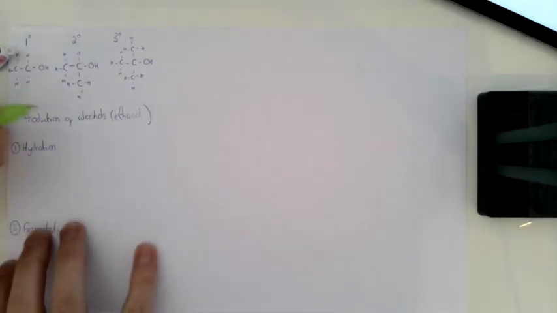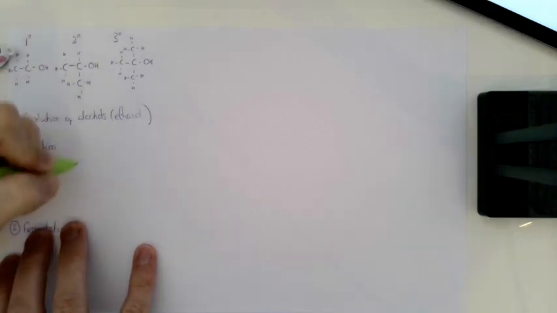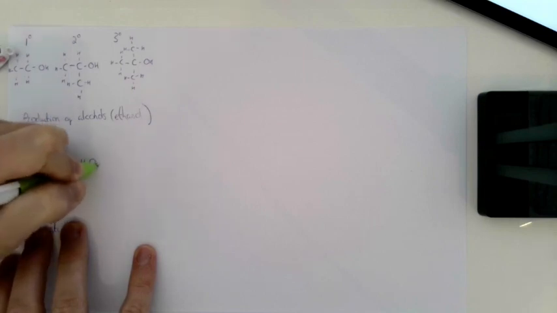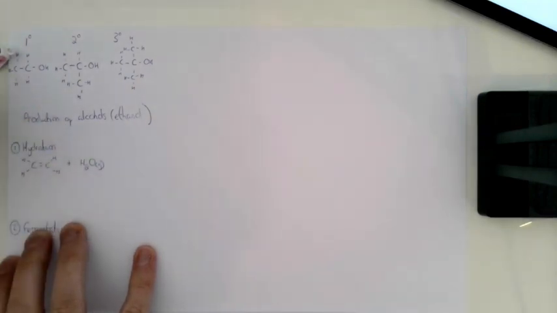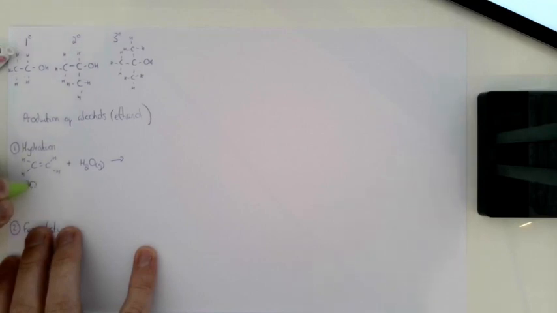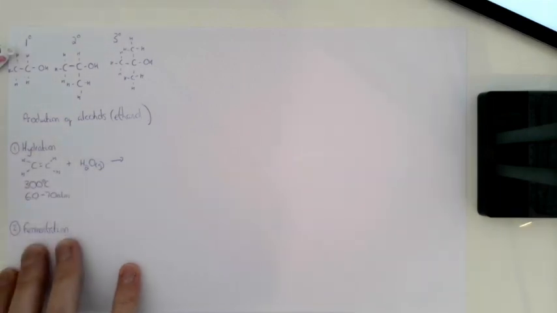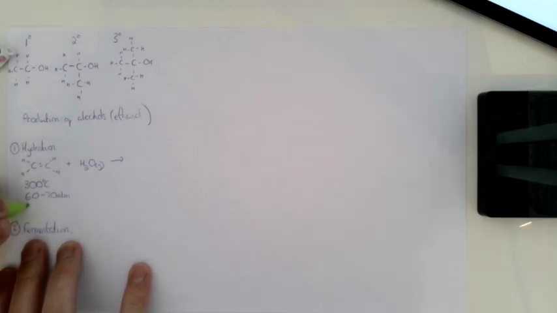So hydration uses ethene. So you take ethene, let's draw out the displayed formula. So you take ethene like that, an alkene, and you add water to it as a gas, so water vapor, under certain conditions: a moderate temperature of 300 degrees Celsius, high pressure of 60 to 70 atmospheres, and using a phosphoric acid catalyst, so H3PO4 catalyst.